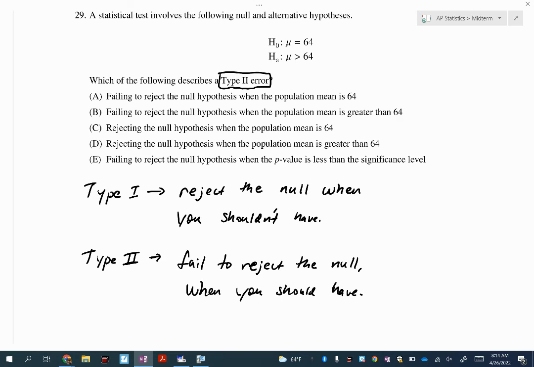So I still think the population mean is 64, when in reality, it's actually above 64. So it's not going to be these two, because we're talking about failing to reject. So it is B.